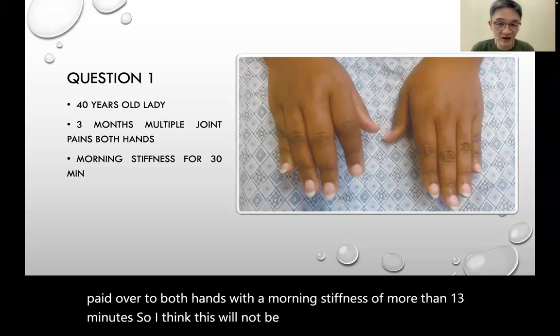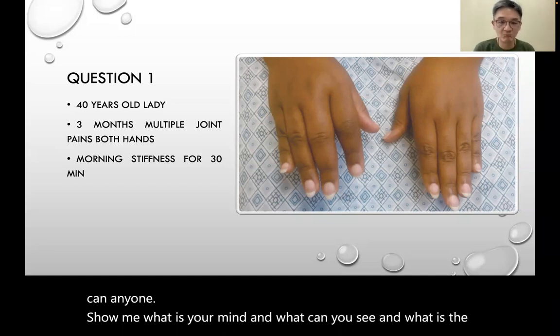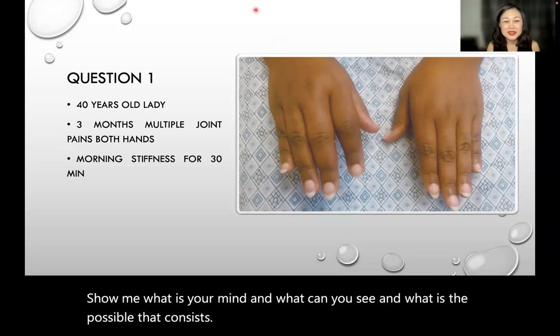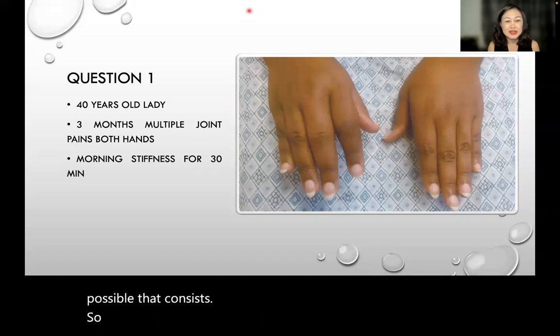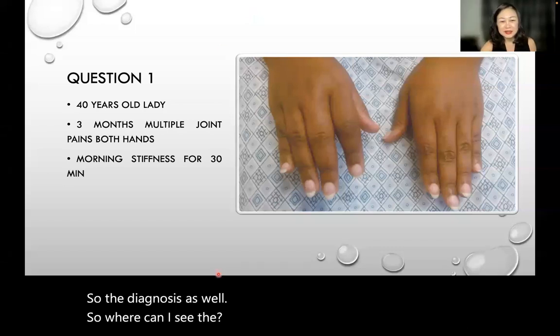So a pair of hands. Can anyone share with me what is in your mind, what you can see, and what is the possible diagnosis? Okay, people are faster than you can speak. You look at the bottom there, and you can see that there is a chat at the bottom.